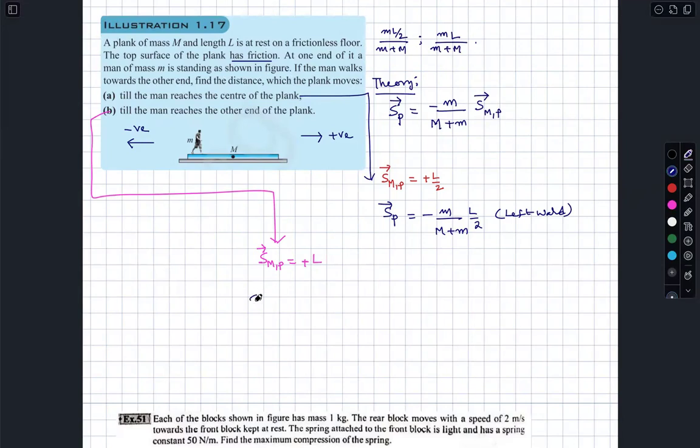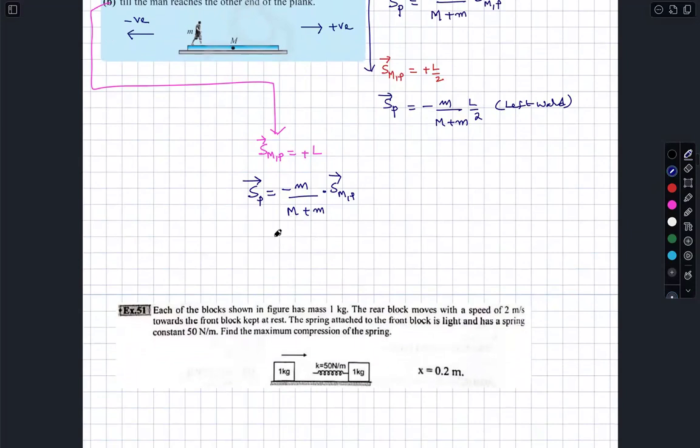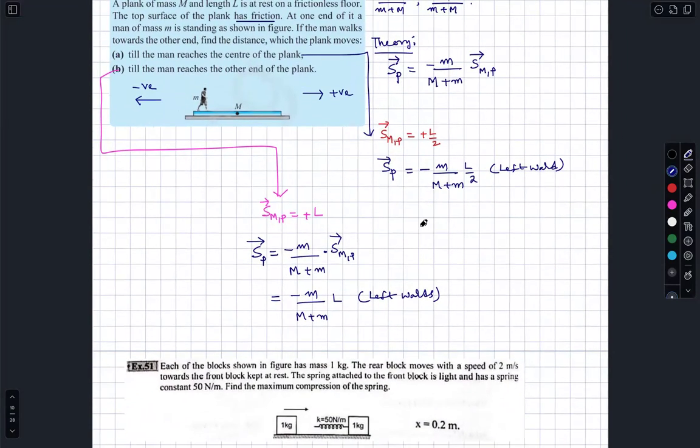Now, displacement of the plank is minus small m by capital M plus small m times displacement of the man with respect to plank. And this is minus m by capital M plus small m times L. So, which clearly indicates leftwards by that much amount. Any doubt?